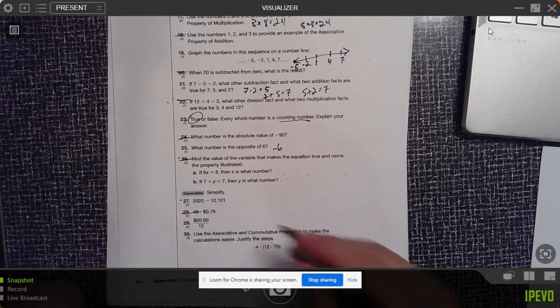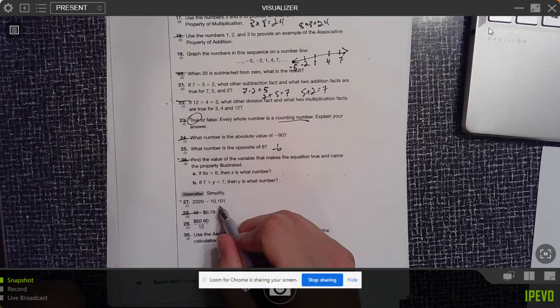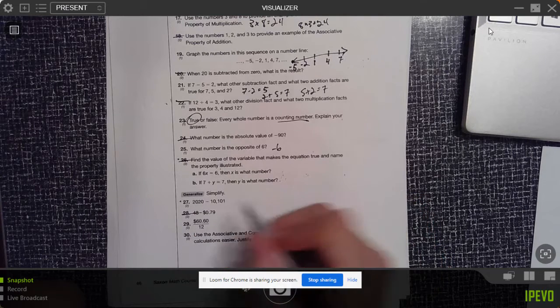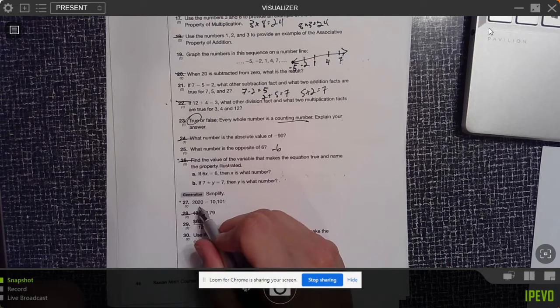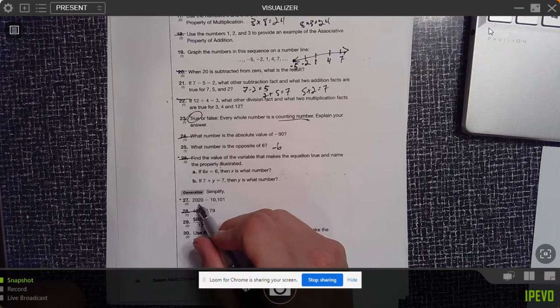2020 minus 10,101, and we're simplifying this. So 10,101 is bigger than 2020, right? So this number is being subtracted from this smaller number, which means we're going to go negative.